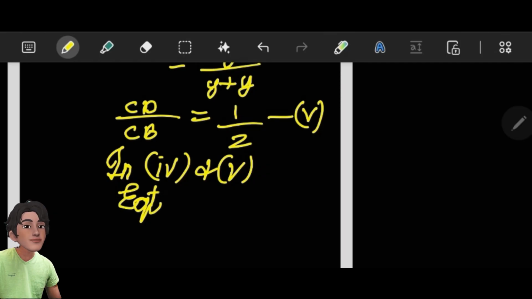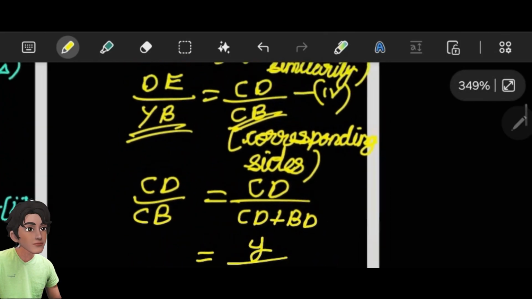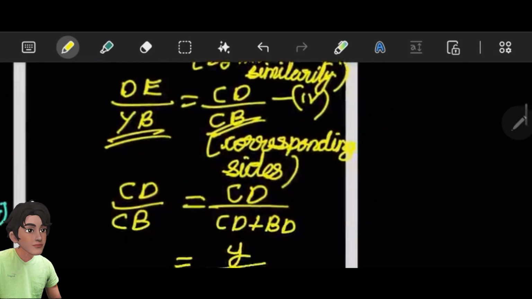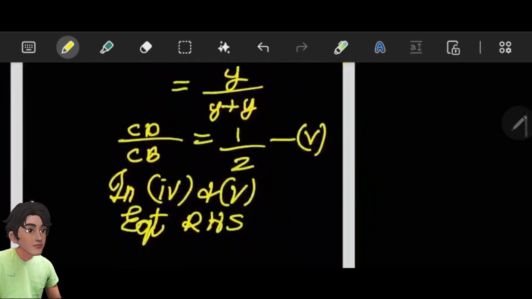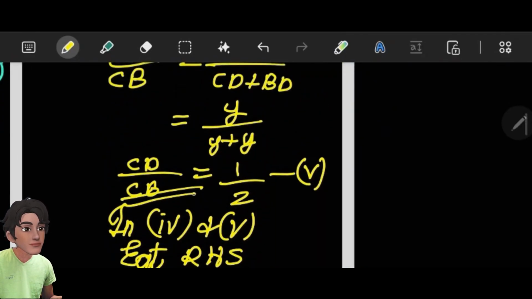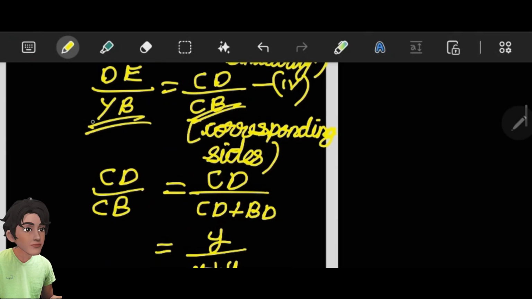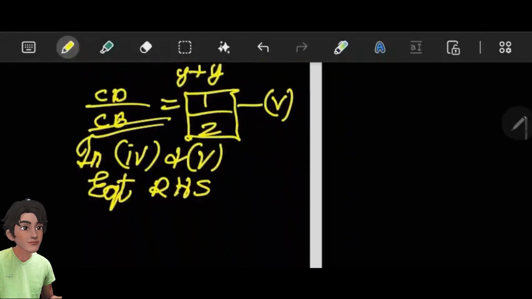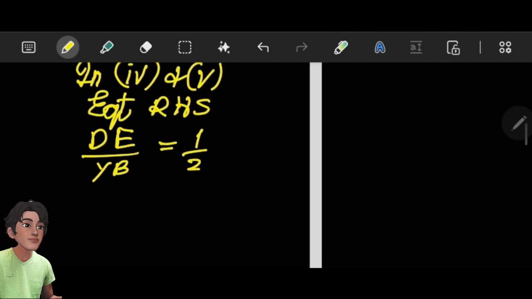Therefore, we can write DE by YB is equal to 1 by 2. Let's take this as equation 6. Now taking YB to the RHS, we can get DE is equal to YB by 2.